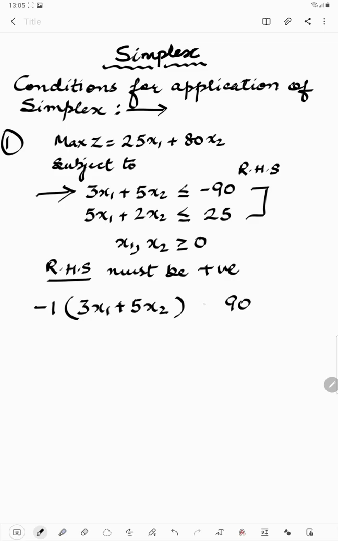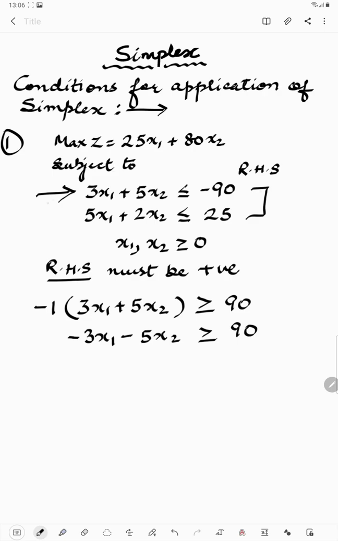What you need to see is that the direction of the sign has changed now. When we multiply both sides by negative values, the direction of the sign will change. Now the equation will become minus 3x1 minus 5x2 greater than or equal to 90.